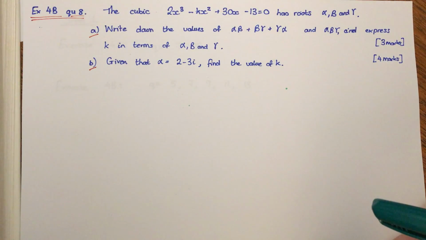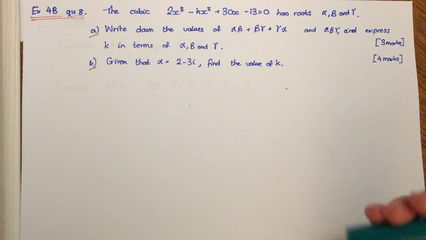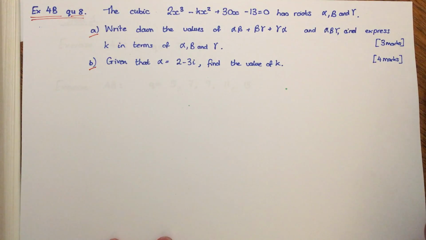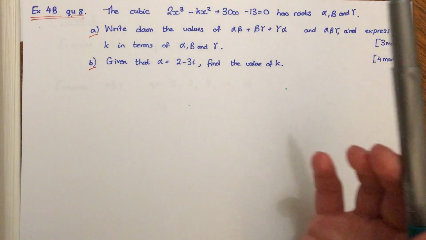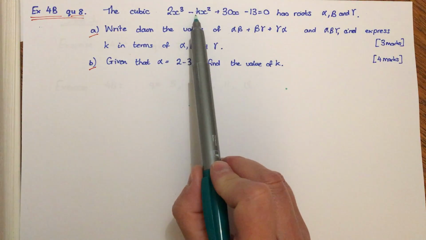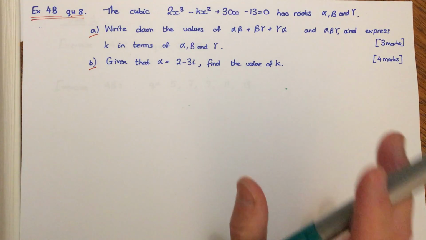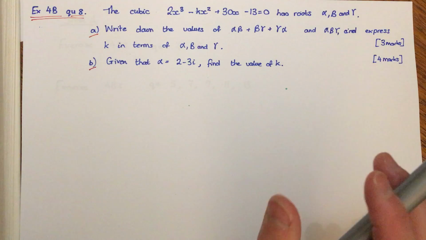Alpha plus beta plus gamma equals minus b over a, and so on. It's just that now we're moving into exam style questions. So we've got marks coming into it, and as part of that, you suddenly have an unknown, so in this case, k appears in the question, but the method is exactly the same.